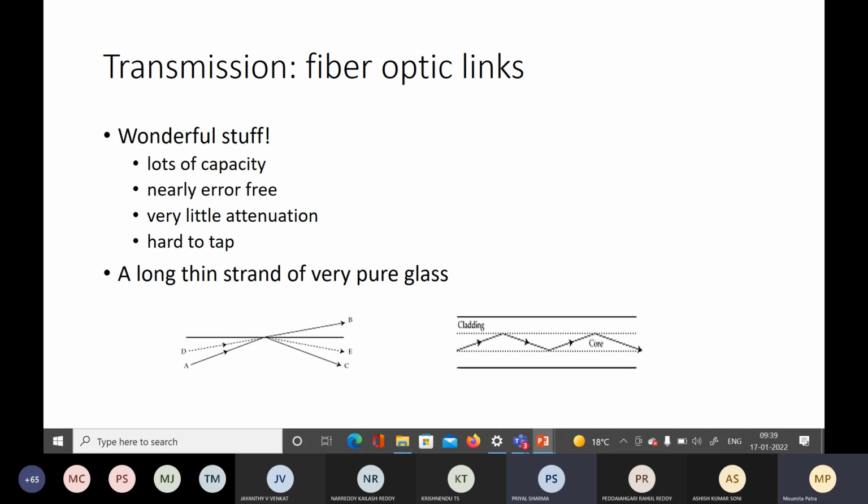So this is how the optical fiber cable looks. You have an insulation padding here, that is known as cladding, and the signal is actually going through the core.